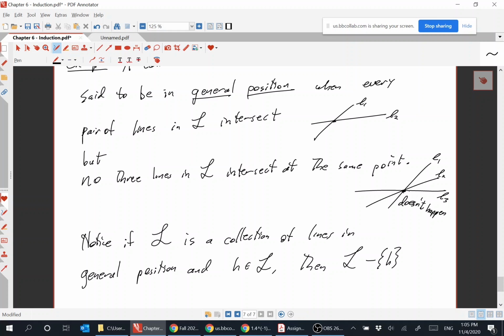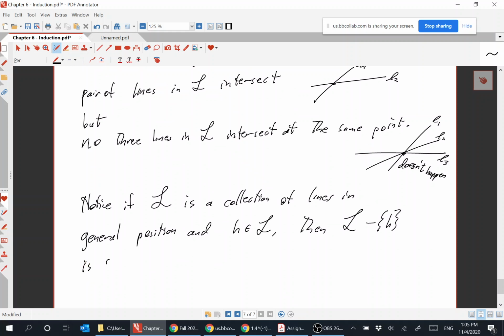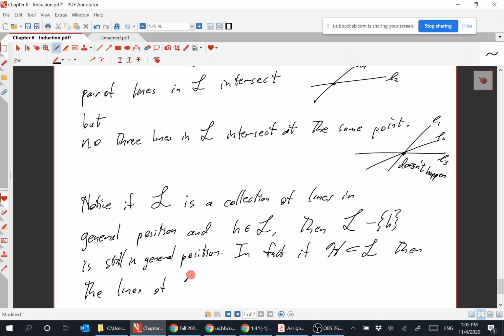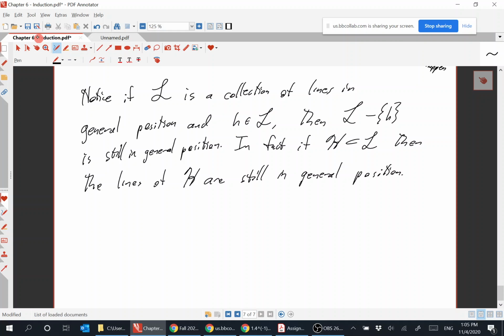Yeah, it's still in general position. Any subset, actually, will still be in general position. In fact, if H is a subset of L, then the lines of H are still in general position.